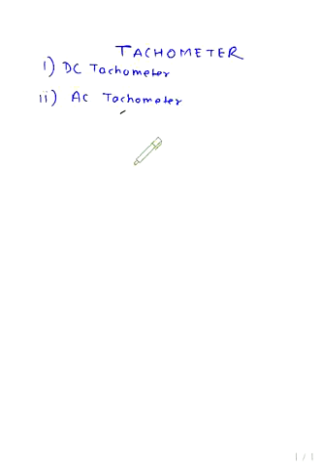In the AC tachometer, the circuit diagram is like this. We draw it here. There are two windings which are perpendicular to each other.